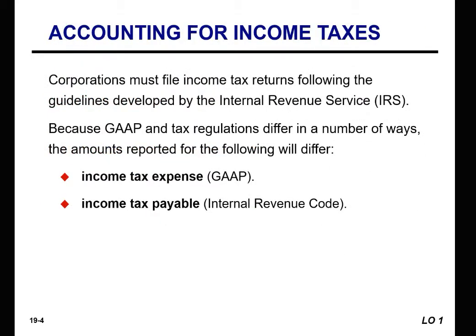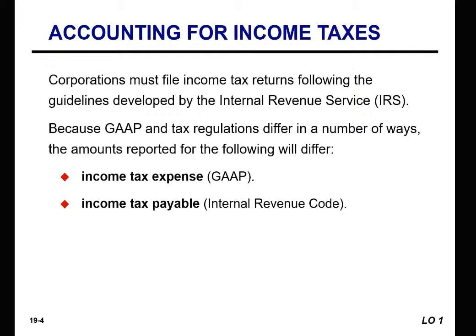This problem occurs because conceptually, corporations file their income tax returns using the guidelines that are developed by the Internal Revenue Service. These are the prescribed tax regulations and rules that change nearly every year to some degree. Pre-tax financial income is determined and reported according to generally accepted accounting principles.